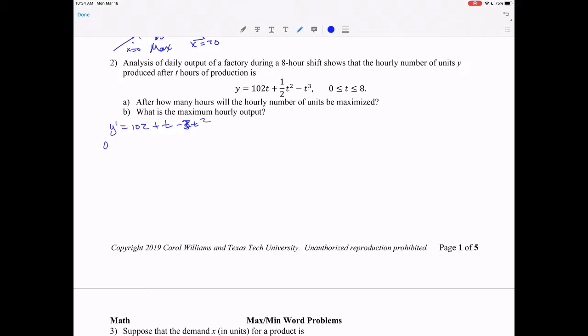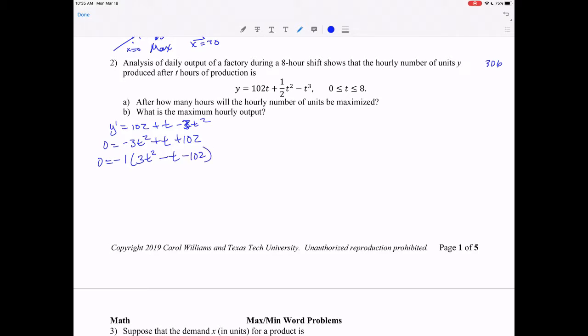So I'm going to set this equal to 0, so that's minus 3t squared plus t plus 102. Now I need to factor that. To factor that, I'm going to pull out a negative. 0 equals negative 1 times 3t squared minus t minus 102.